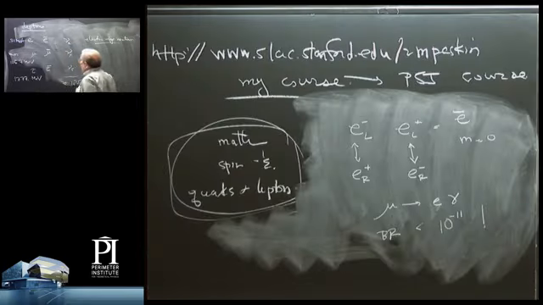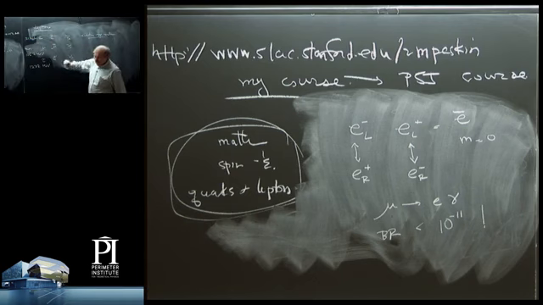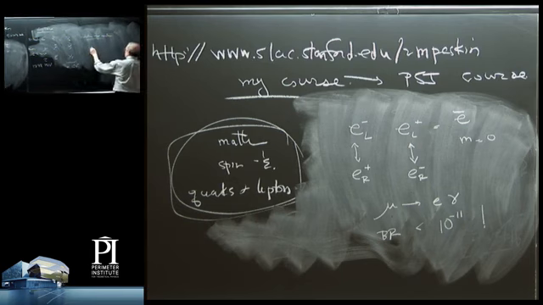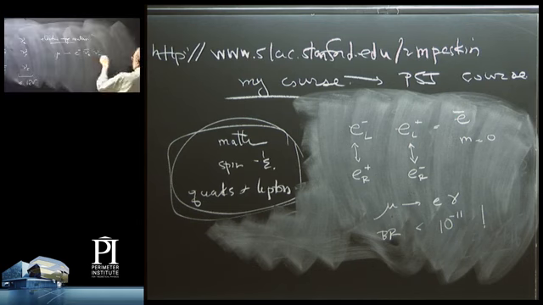Now, a consequence of this mass hierarchy is that the heavier leptons are unstable with respect to decay to the lighter leptons. So the muon, for example, decays to an electron, an electron-type antineutrino and a muon-type neutrino.